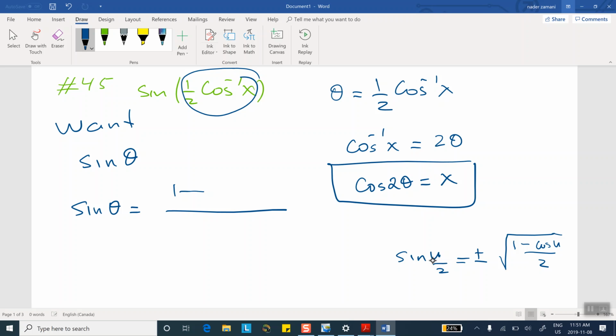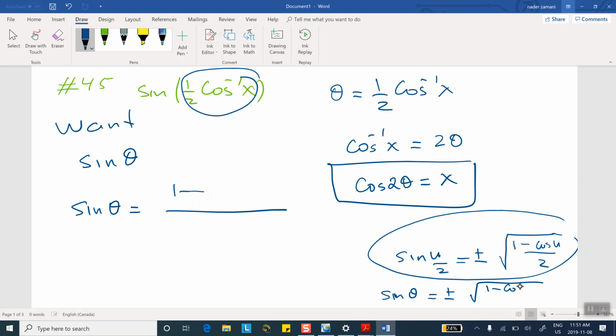Except that my u, I'm replacing it with 2 theta. So this thing can be written as sine of theta equal to plus or minus square root of 1 minus cosine of 2 theta divided by 2. That's what I have, right?